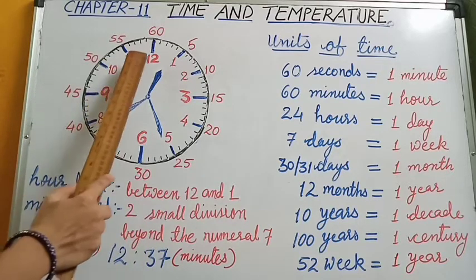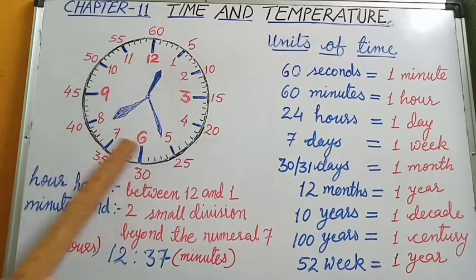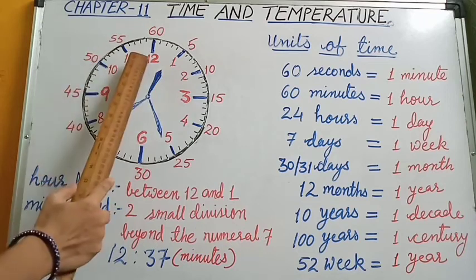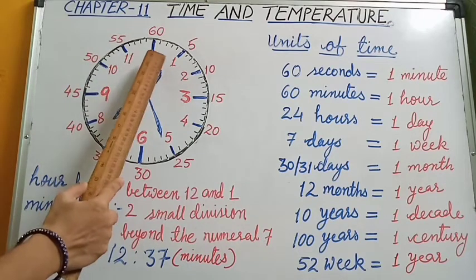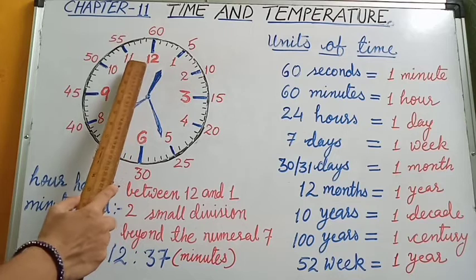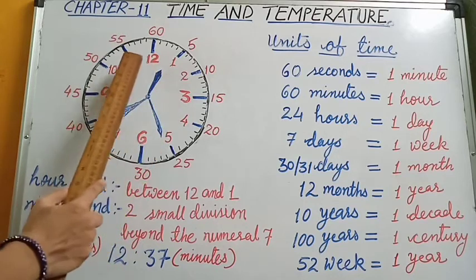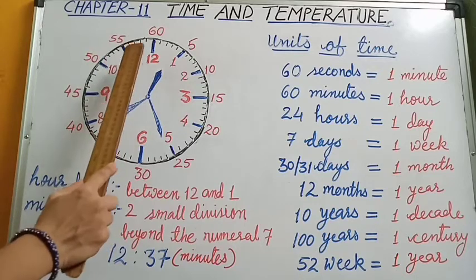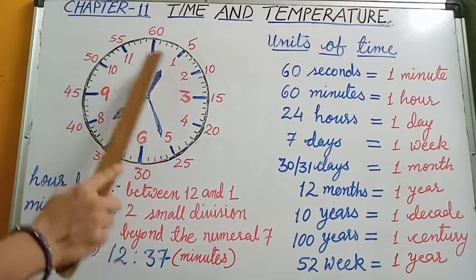When the hour hand completes one round of the dial, 1 to 12 hours, we have no more numerals here. So it will complete 12 hours, but we all know in a day 24 hours are there. So the hour hand starts the second round.